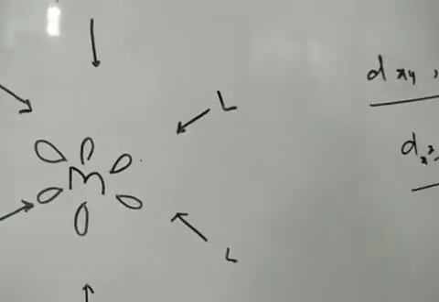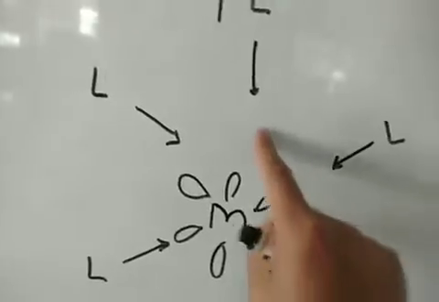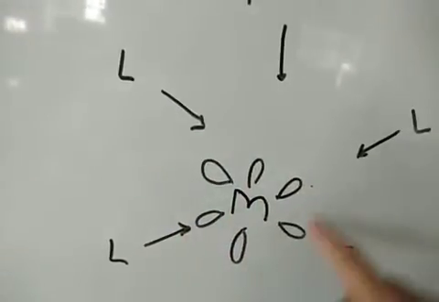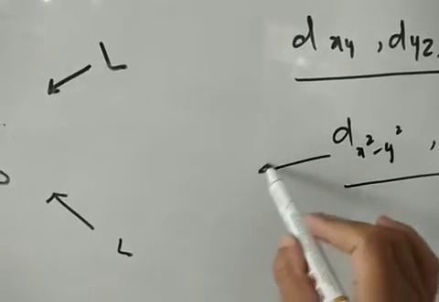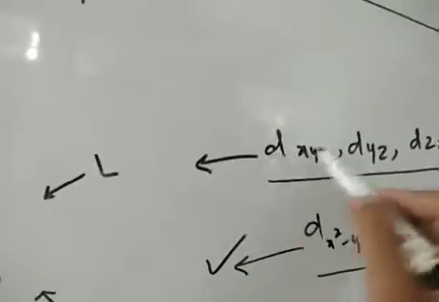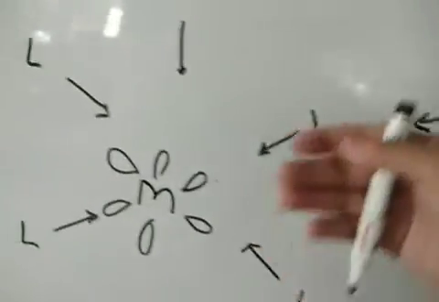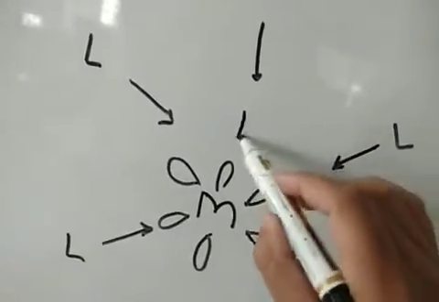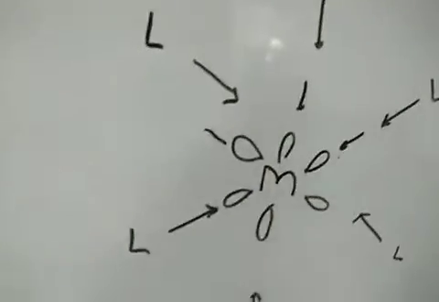So this interaction will lead to repulsion, and that repulsion ultimately will lead to the splitting, because these, whose lobes are along the axis, have a greater repulsion. These orbitals which are in between have weak repulsion. That means now, when the ligands are very close to the metal, the d orbitals will split.